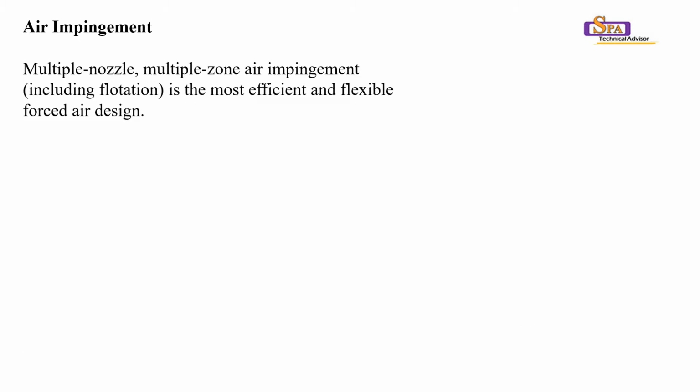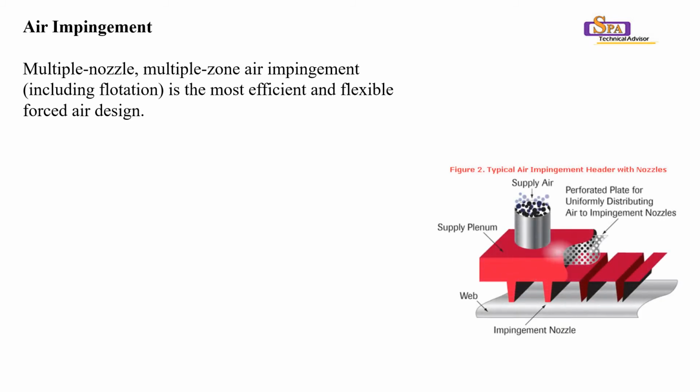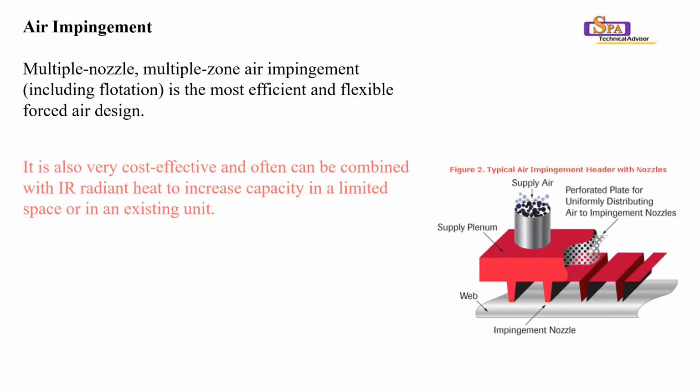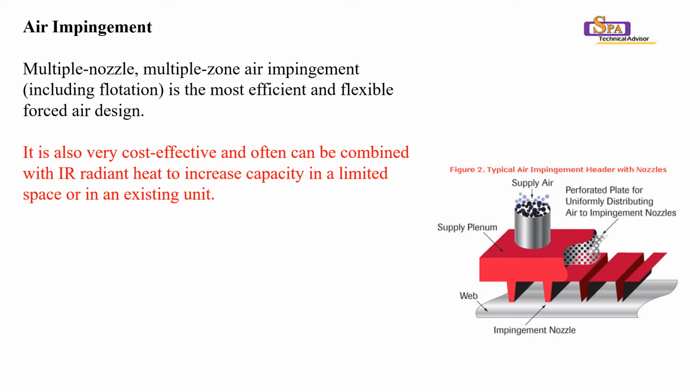Air impingement, multiple nozzle, multiple zone air impingement, including rotation, is the most efficient and flexible forced air design. Here is the design. It is also very cost effective and often can be combined with IR radiant heaters to increase capacity in a limited space or in an existing unit.